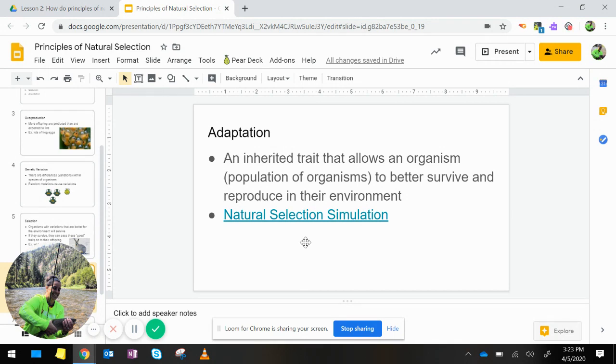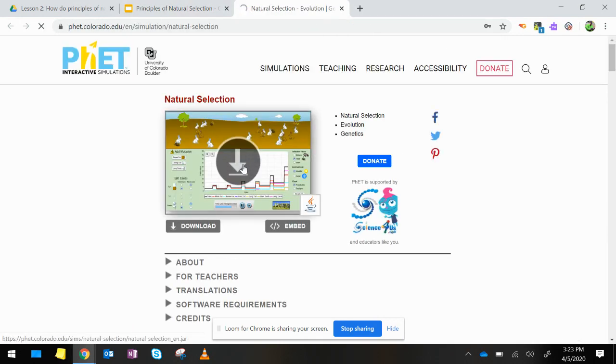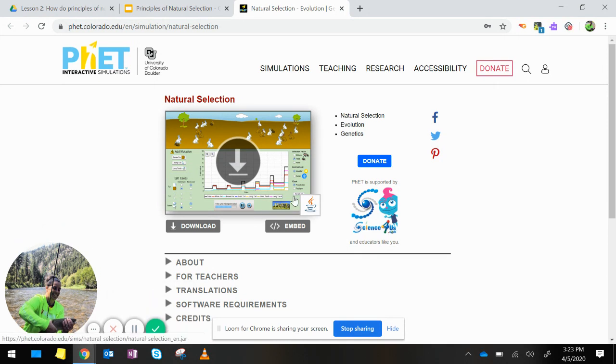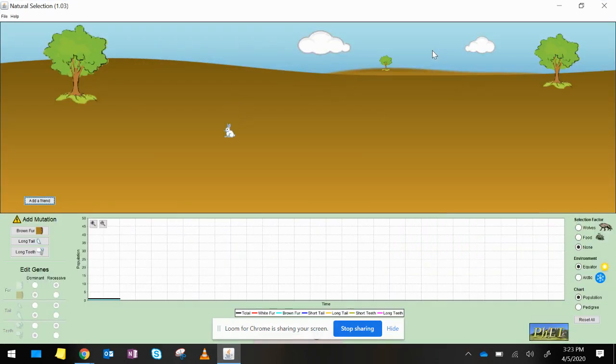So if we go back to this natural selection simulator game, we can actually go through all of the different principles of natural selection based on this simulation. For example, I'm going to add a friend.